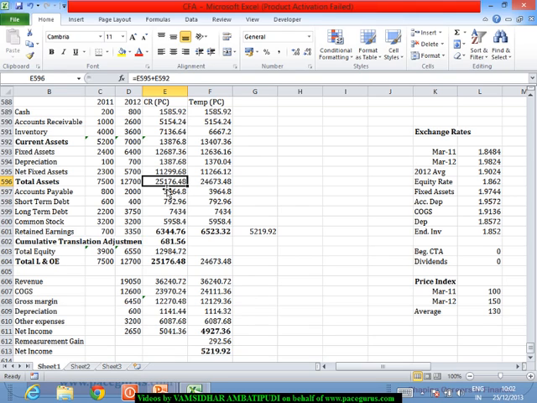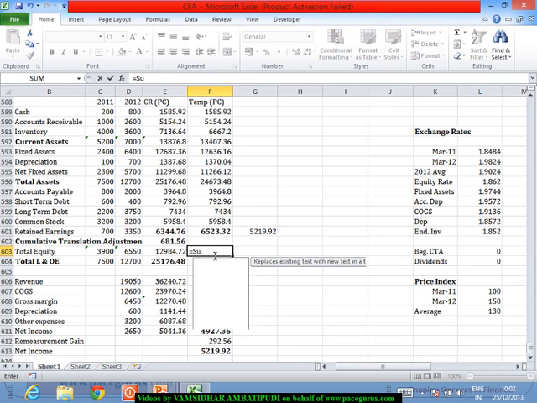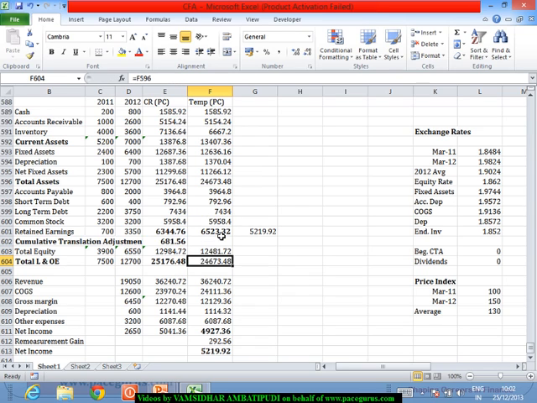The same thing will happen with respect to the liabilities, and because the net asset position will be positive, we will see that there will be a cumulative translation gain, and the total equity position also will be higher in that case. So 12,984, which includes a cumulative translation adjustment of 681.